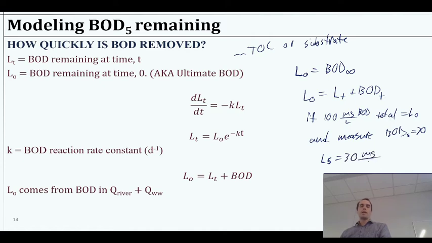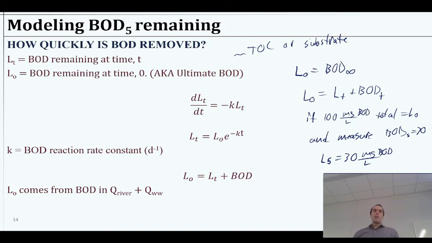I'm just writing it out to be very clear here. It should be very easily intuitive once I write all that out, but it can get confusing, which is why I want to just take the time to say that. Okay, so this L value then is that remaining after some amount of time.